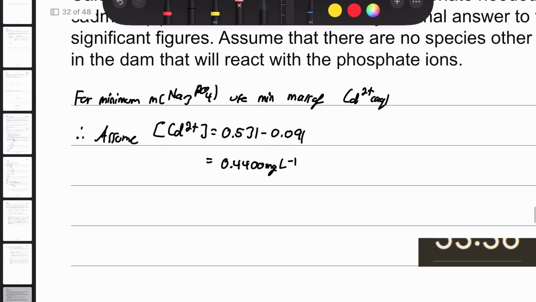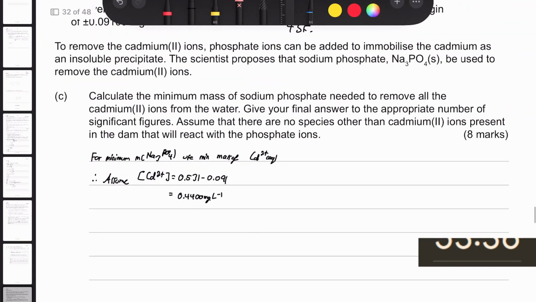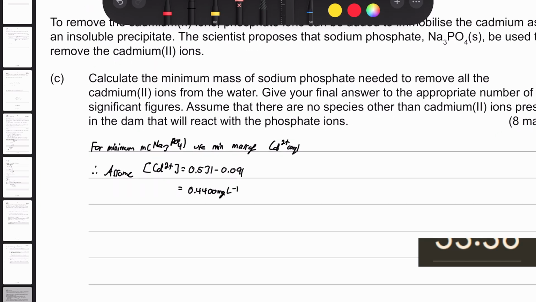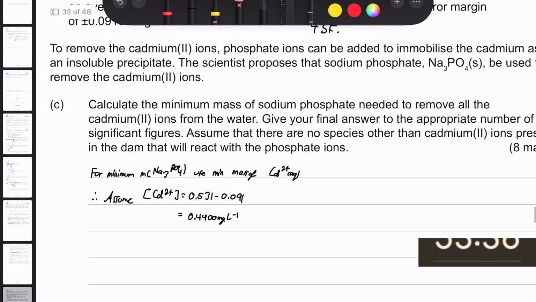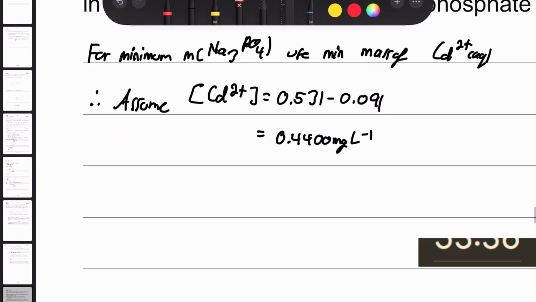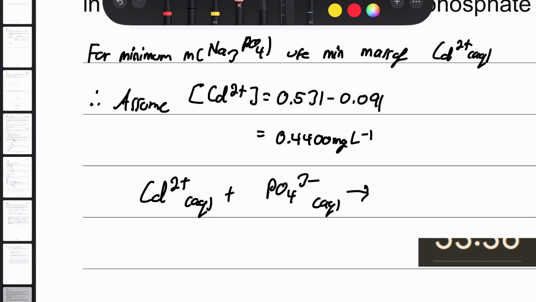Okay, we're back, chat. Let me think about this. Cadmium-2 ions and phosphate ions, so we are going to have PO4. So we're going to have Cd2+ aqueous plus PO4 3- aqueous, and then we want these to precipitate out.